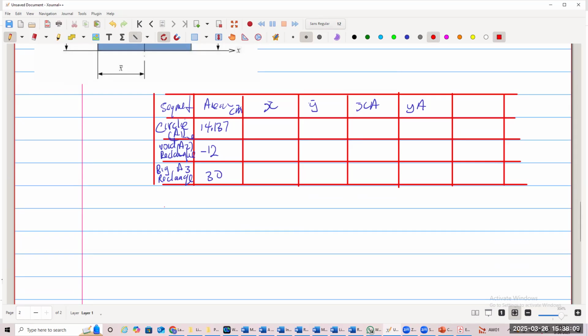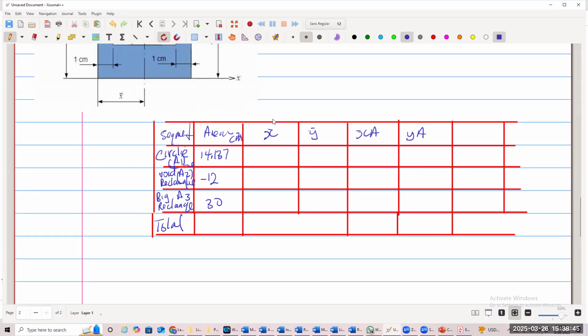We want a total line, especially that one and these two. So you want those, and this is your total line. Go back with the blue. Give me a total area, and then now we're going to identify x1 and y1.